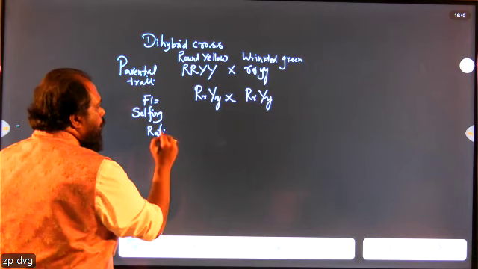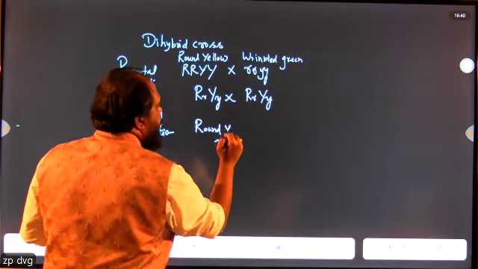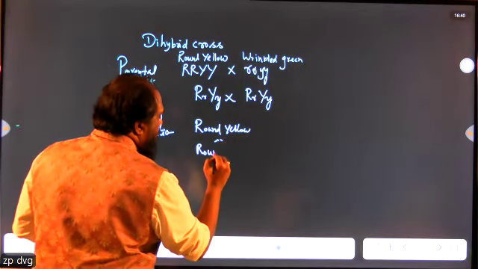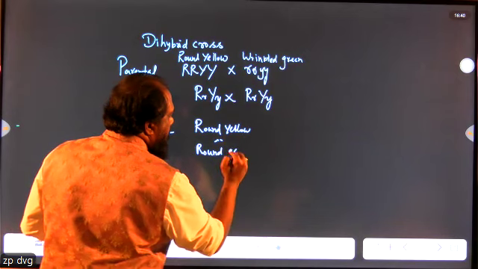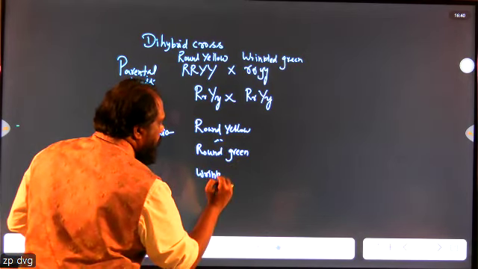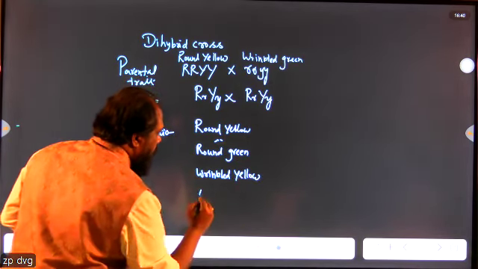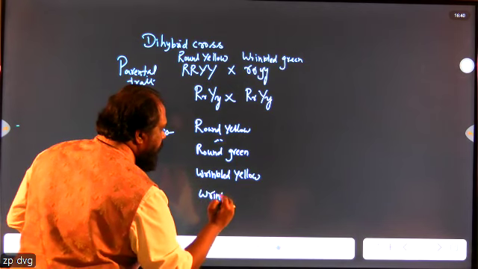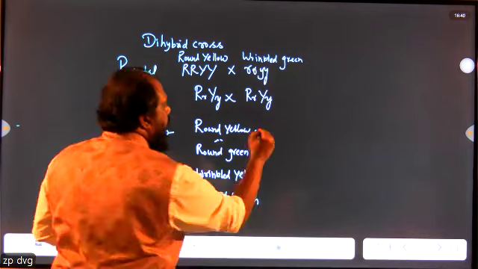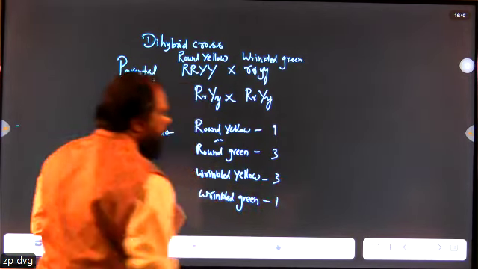You will get round yellow, round green, wrinkled yellow, wrinkled green. Now, hope you remember the ratio is 9, 3, 3, 1.